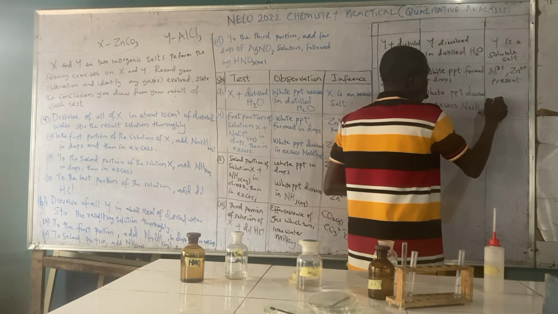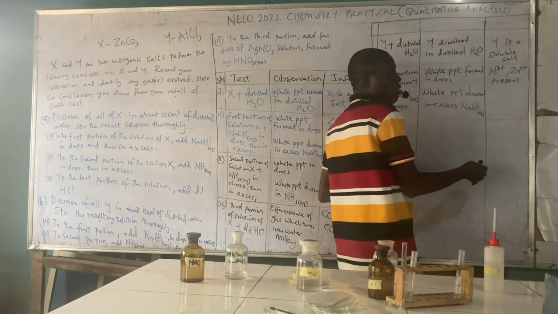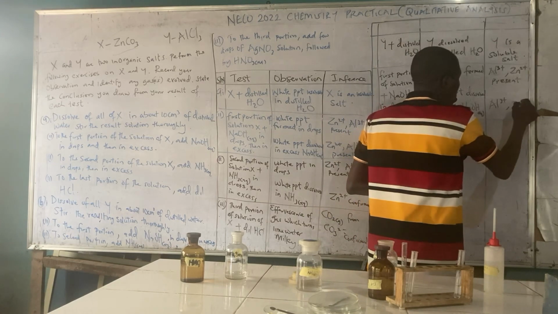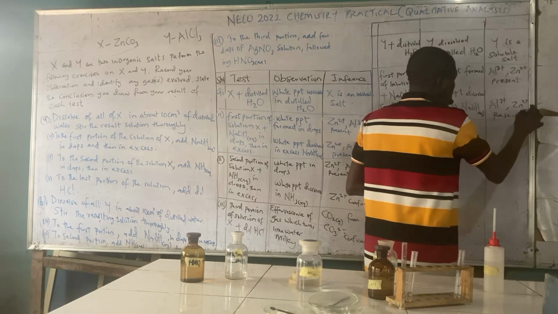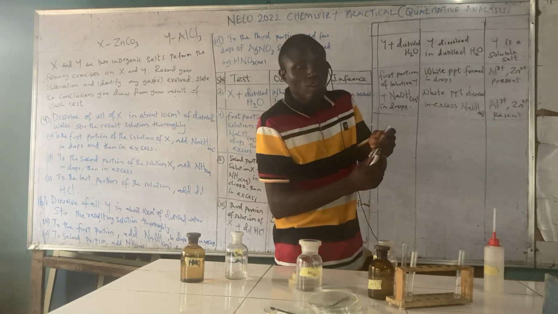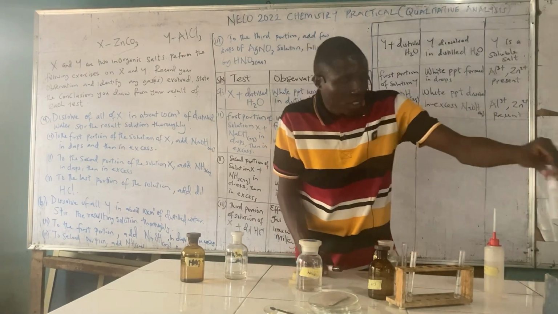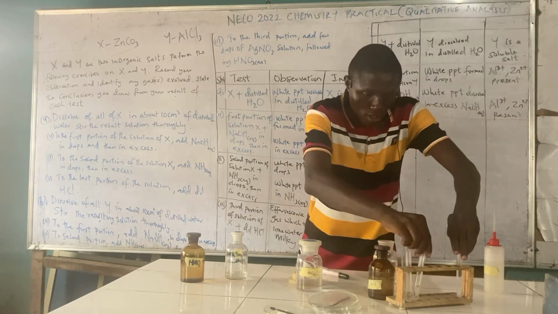So both of them dissolved, and aluminium 3+ and zinc 2+ might be present. They are very present. Now to the second portion, now I'm done with this. The second portion, I don't want to mix it up.